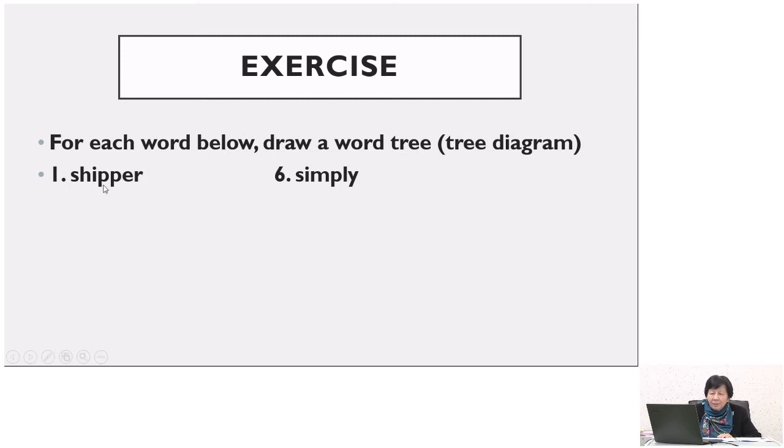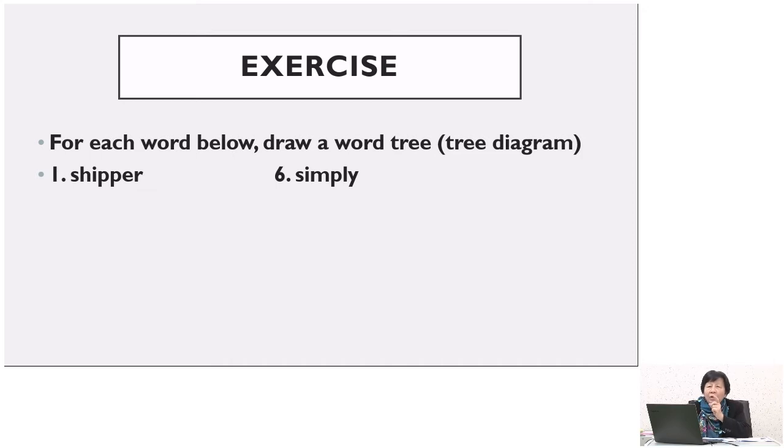This one, okay, this is one of the lexemes, one form of the lexeme. We have more than that. Shipper, you have more than this. Okay, try to look at this. You have to try to get the morphemes out of this.